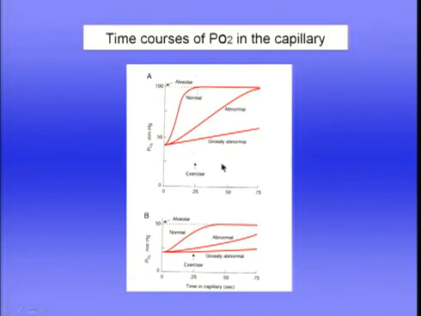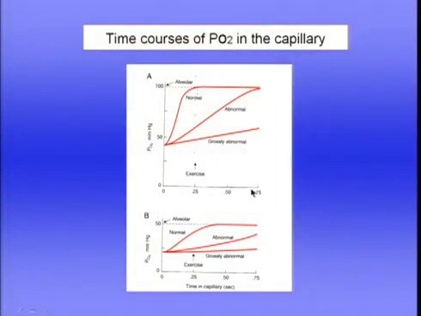Now, there are three ways in which we can challenge the diffusion processes across the blood-gas barrier. The first one we've already mentioned, that is, we can thicken the blood-gas barrier, or it can be thickened by disease, and that certainly challenges the diffusion process, as we can see. The second one is exercise, because on exercise, the cardiac output increases greatly, and therefore the time spent by the blood in the pulmonary capillary is greatly reduced.